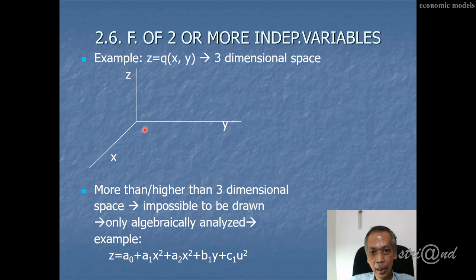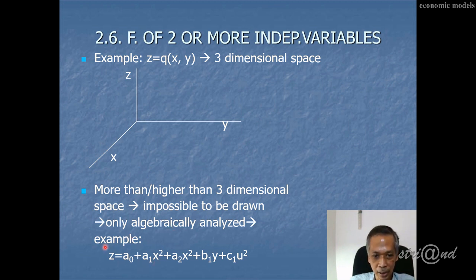However, when we have something more complicated than three-dimensional space, like for example 4 dimensions or 5 dimensions, it is very difficult to express the equation in a visual illustration like this one. When we have more than 3 dimensions, usually it is only described in mathematical equations.